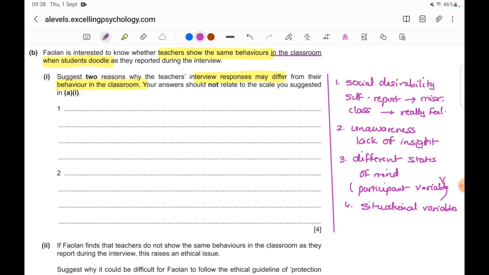So it's never bothered her. But after the interview took place, since the observation is taking place later, she might have come across some students at the time the observation was taking place who were doodling very fanatically or in a very distracting manner, like not paying attention to the class at all and just doodling in the class time.